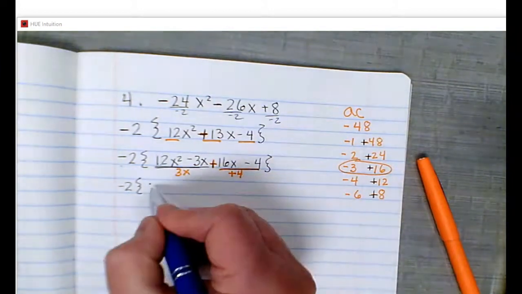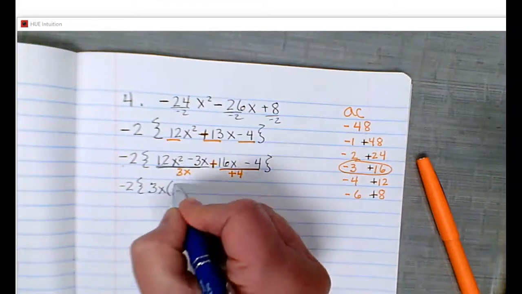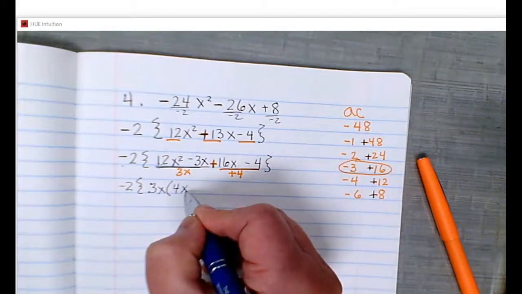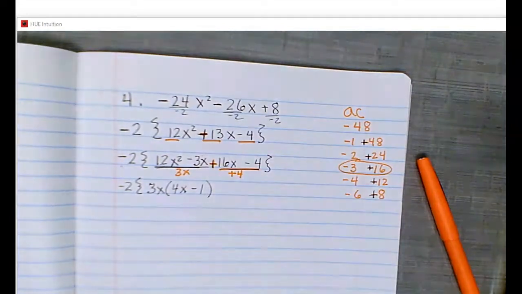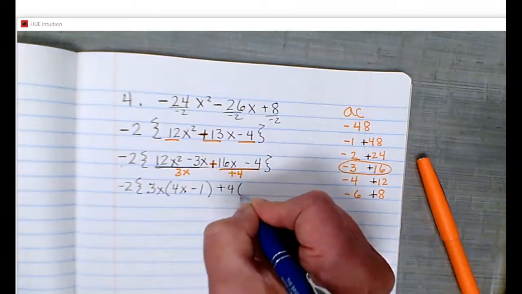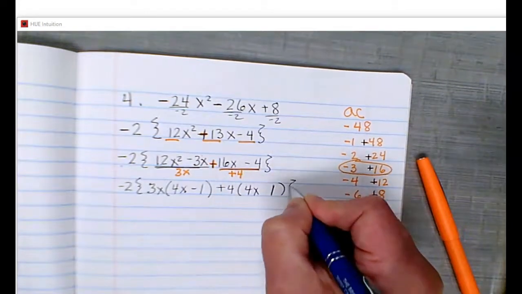12 divided by, well, let's get this 3x out in front. 12 divided by 3 is 4. X squared divided by x is x. 3x divided by 3x is 1. 3 divided by 3 is 1. 16 divided by 4. 4 divided by 4 is 1.